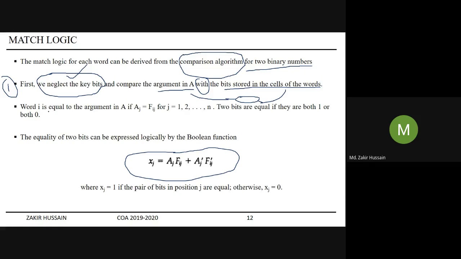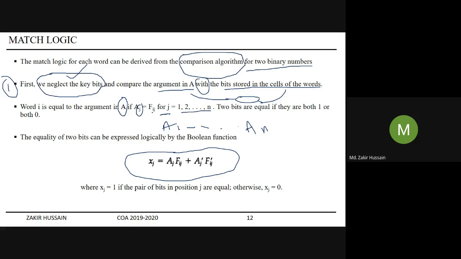So word I is equal to the argument in A. This is the A register, the argument register. So here you have Aj is equal to Fij, where j goes from A1 through An, because n bits are there in the argument register.